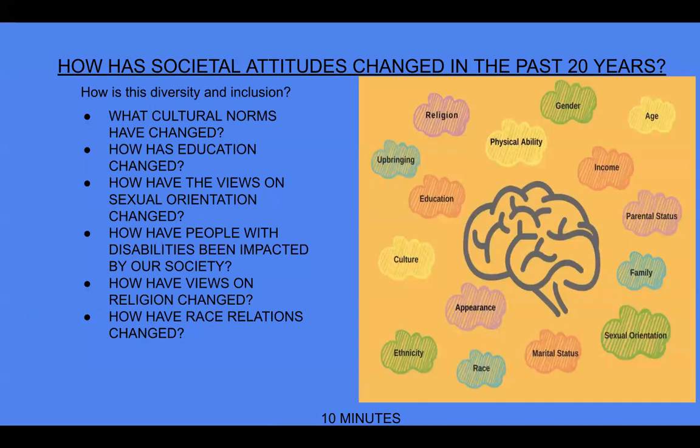How has education changed, especially again with the cell phone, as well as with online learning and COVID-19? How have the views on sexual orientation changed with gay and lesbian marriage? How have people with disabilities been impacted by our society with more mainstream classes? How have views on religion changed? And how have race relations changed, again, especially since the Black Lives Matter movement that began approximately 2014?